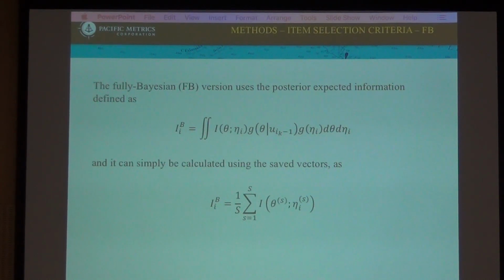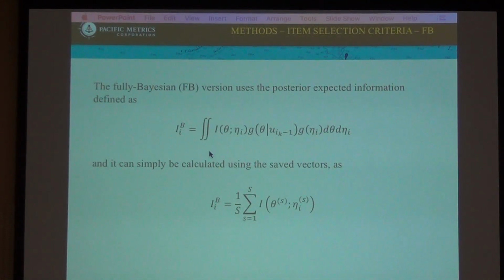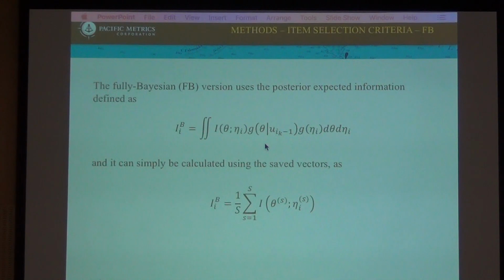Here the information is the integral of the Fisher information over the posterior distribution of theta and the posterior distribution of item parameters. This formula, we already saw in Wim's presentation. We just plug all the samples into the formula, then calculate the average.